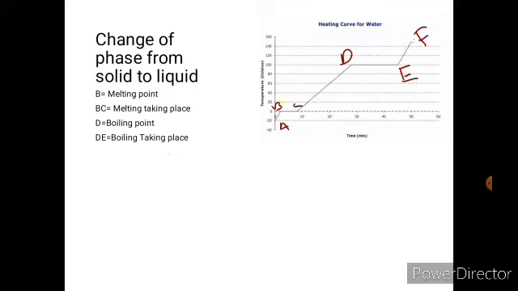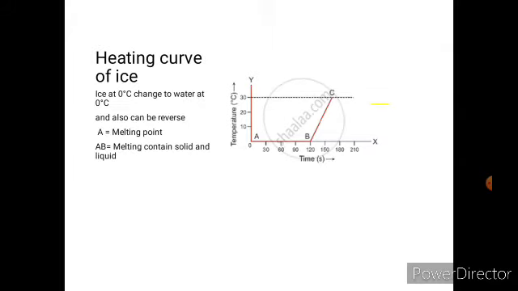Now from B to C, between these two, there is melting taking place. Between these, we will be able to see a composition of both solid as well as liquid.